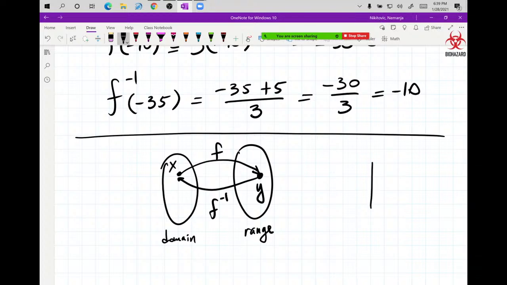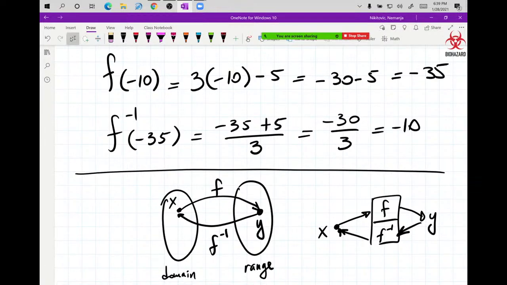You feed your input x in there, that spits out a y, and then you feed that y into the inverse, and that spits back x. It's like a loop. In the example, you feed negative 10, the function changes it into negative 35, and then you take negative 35 with the inverse and bring it back into negative 10. That's what it is.